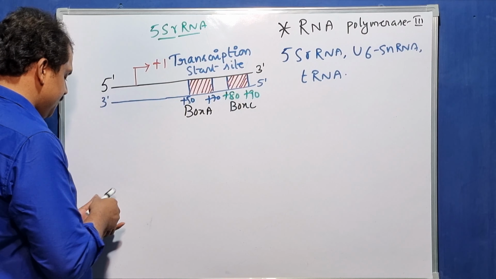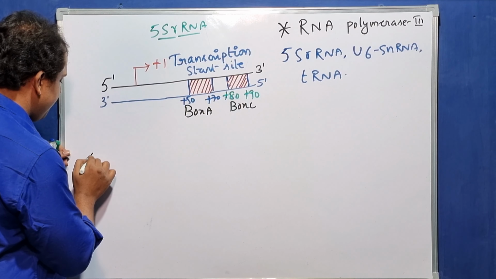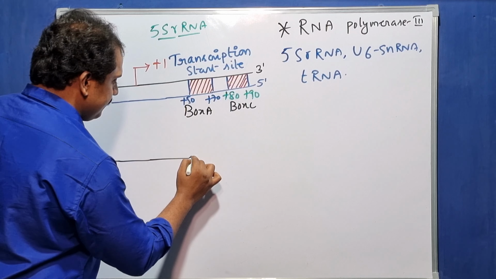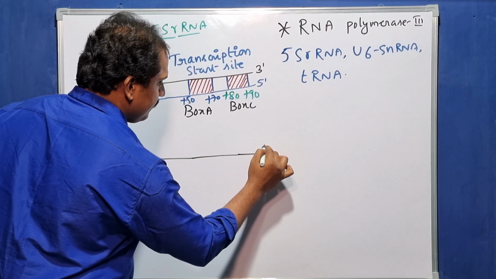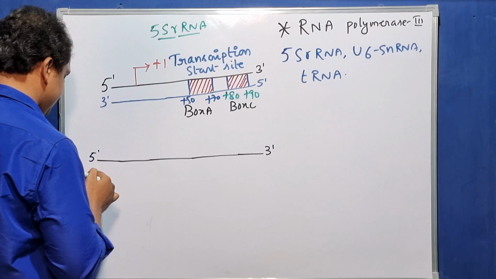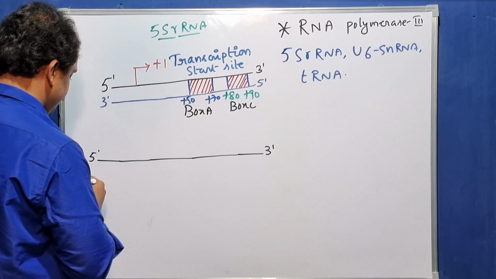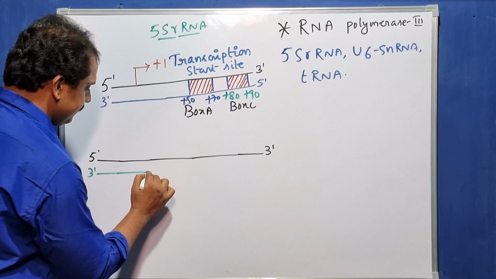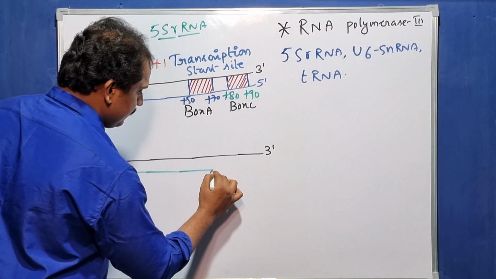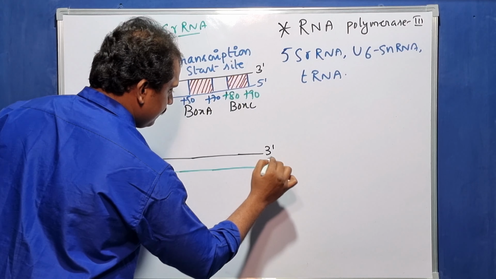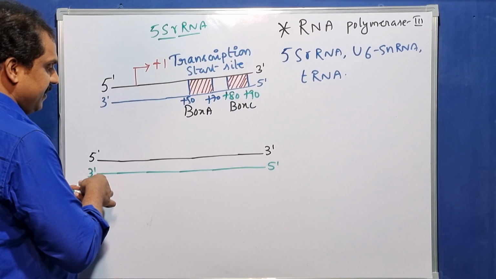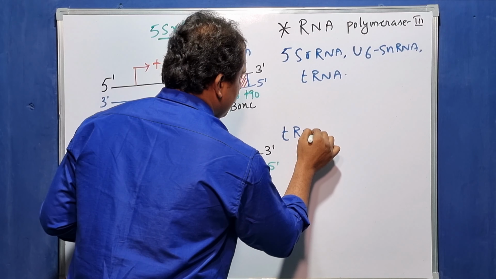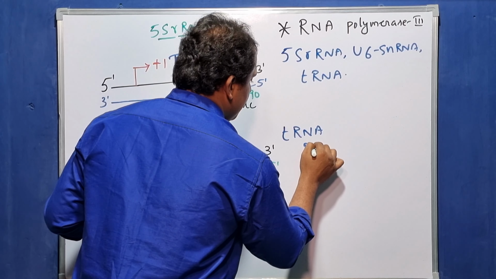So let us assume it has the 5' end again, and here it is the 3' end. So let me write it here. What is it? tRNA. tRNA promoter region.